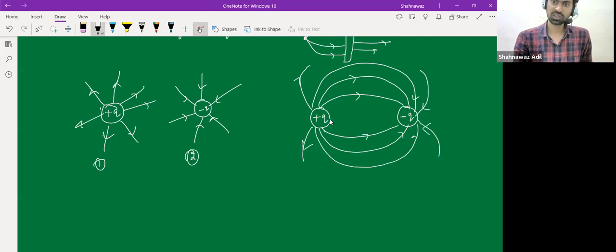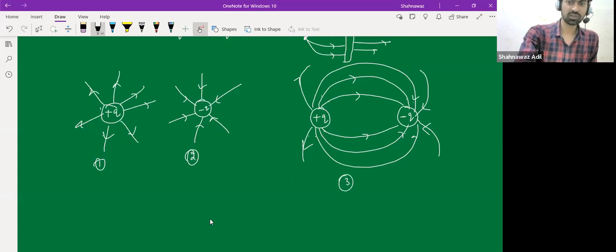This is due to the positive and negative charge, right? And what are the number of electric field lines? 1, 2, 3, 4, 5, 6, 7, 8. And here also 1, 2, 3, 4, 5, 6, 7, 8. So you can say that the magnitude of the positive charge and the negative charge is the same, guys, right? Yes, sir.